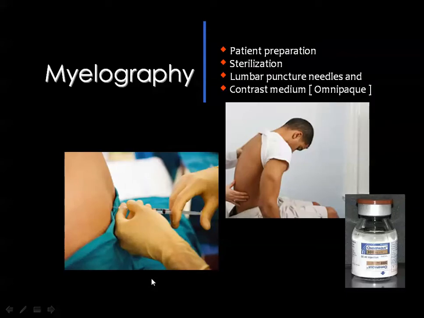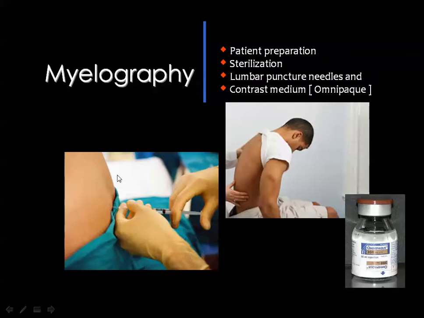At the time, this technique was frequently done in the battery of investigation of the spine, which is the myelography. By myelography, we mean that we inject some contrast media in the spinal canal inside the thecal sac.